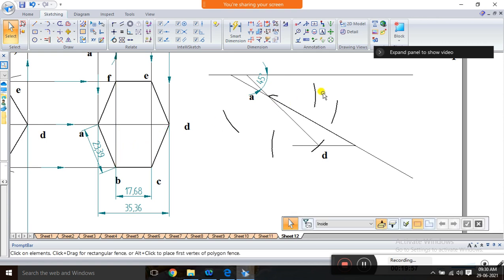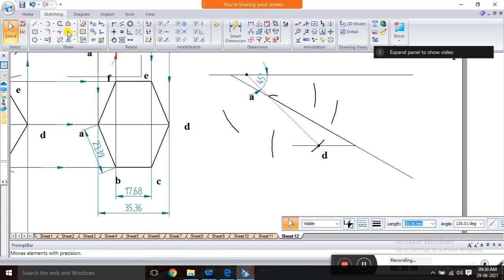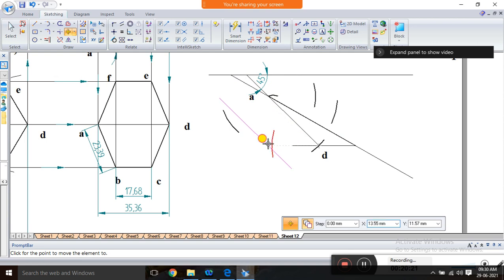Directly you can draw a parallel line, use your scale rollers and draw a parallel line. Just take this line and move it parallelly, and similarly here.